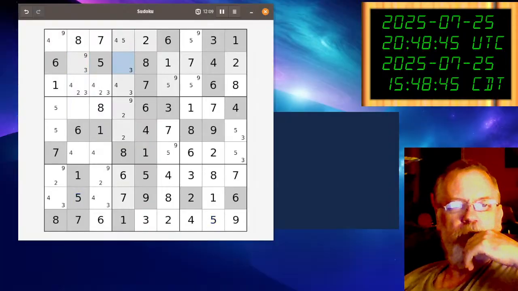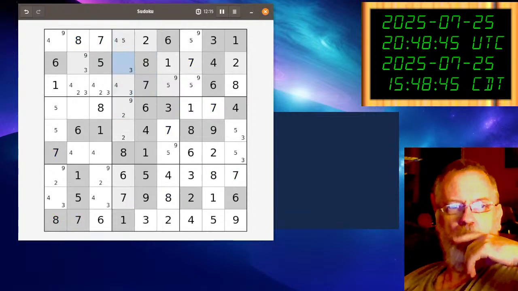And neither of these could be a 2. All right. So 1, 2, 3, 4, 5. Those 5, 6, 7, 8. What we're left with is one of these two being a 9, along with this one.